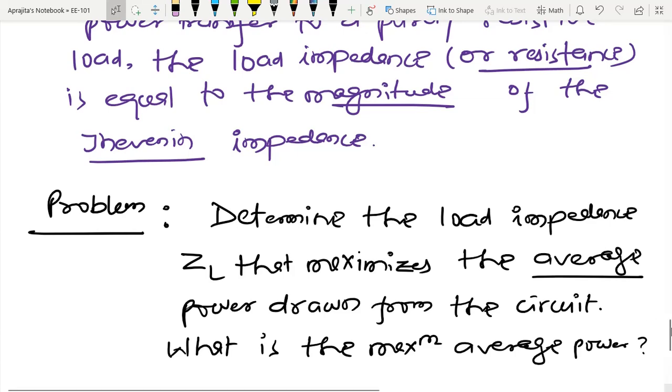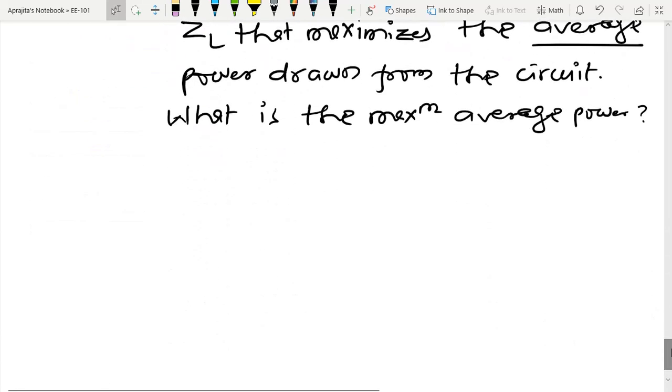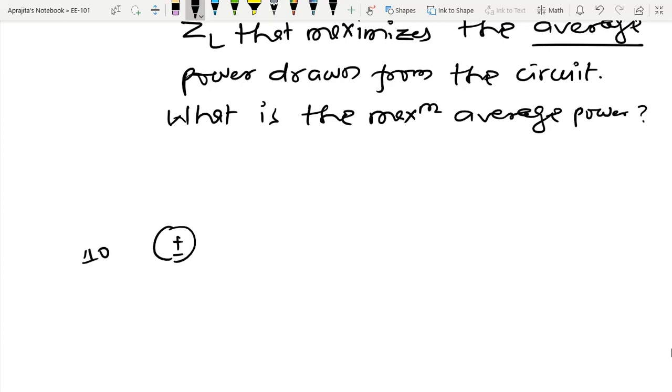So let us draw the circuit. I have one AC voltage source of magnitude 10 and phase angle 0 degree, that is in volts.